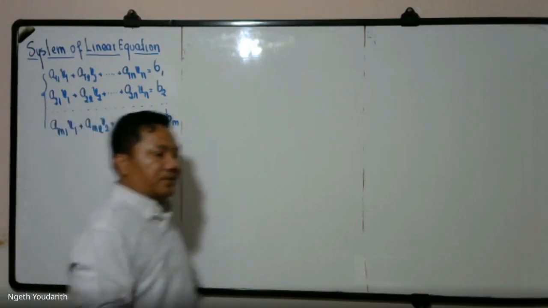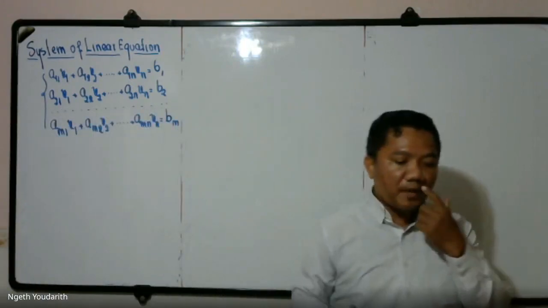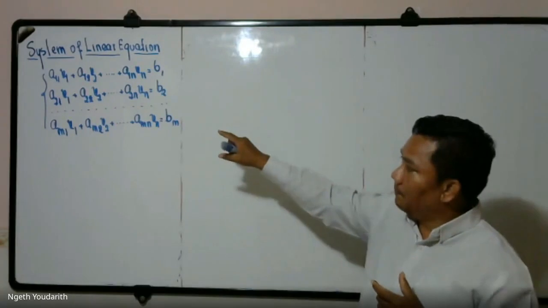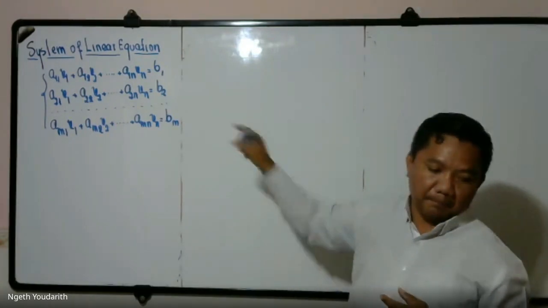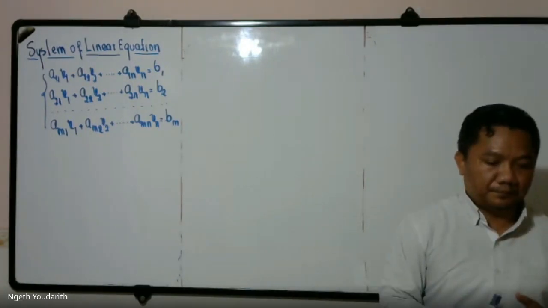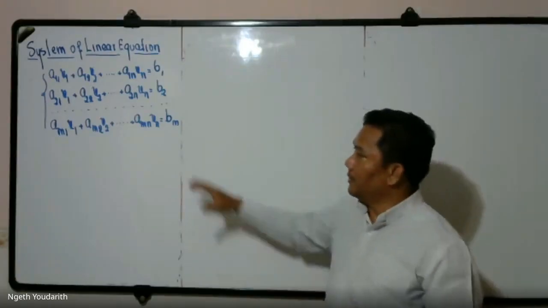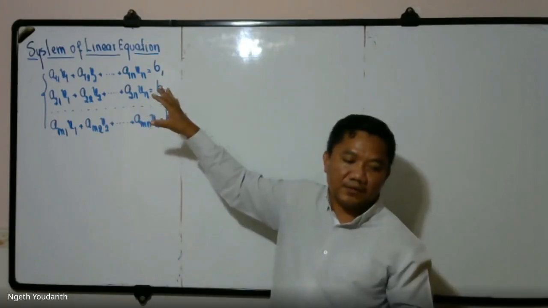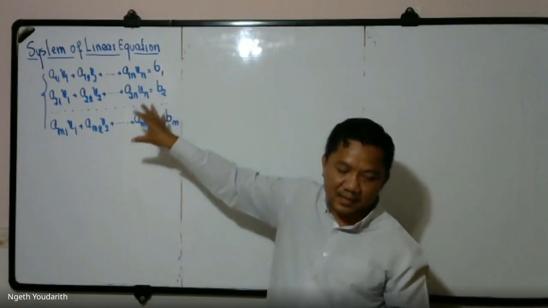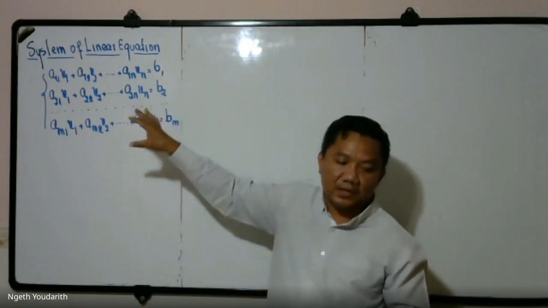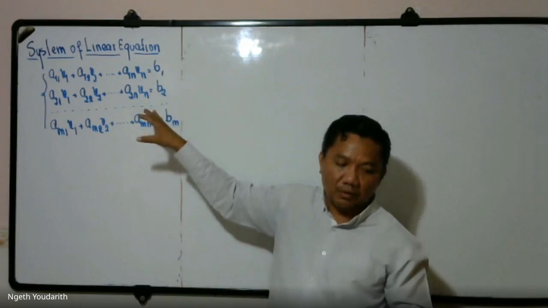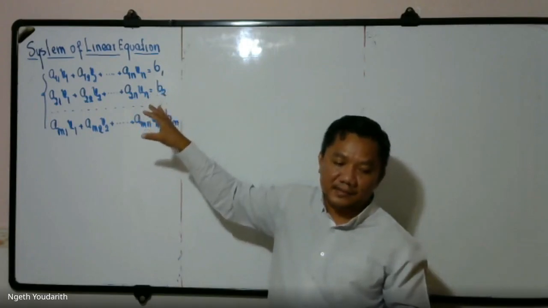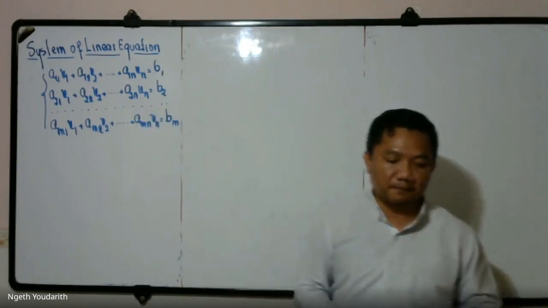So in this equation, it means that how many equations we have and how many unknowns we have. Excuse me, teacher. I want to ask you about this system of equation. How many equations in this system of linear equation and how many unknowns or how many variables in this system of linear equation?